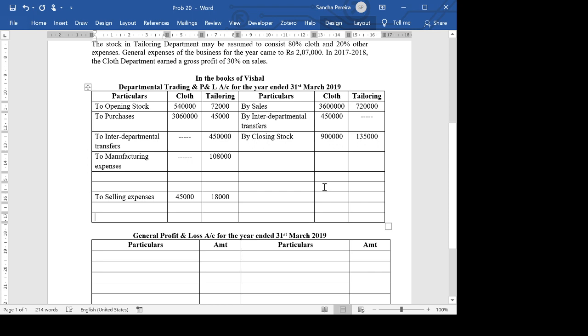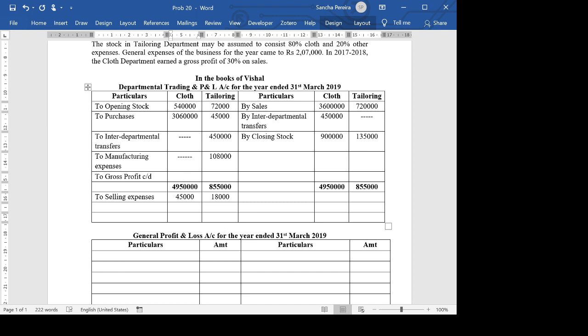So to calculate the gross profit, if we total this, this side the total is 49 lakhs 50,000 and here it is 8 lakhs 55,000. So gross profit carried down.